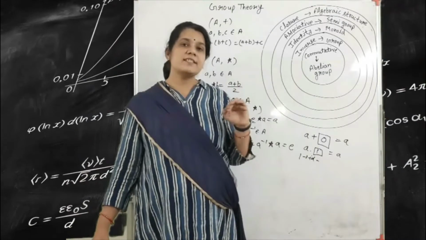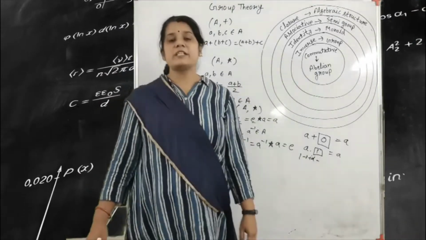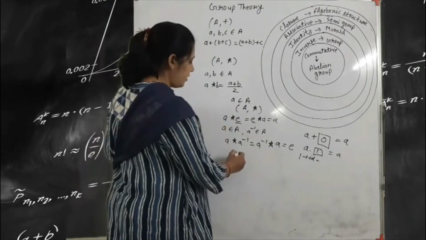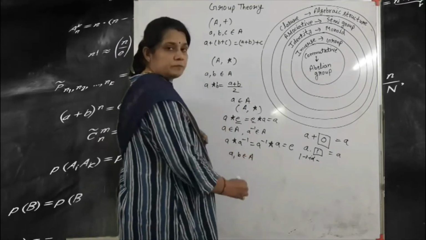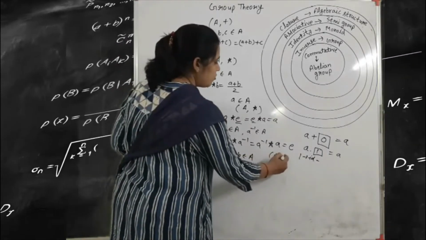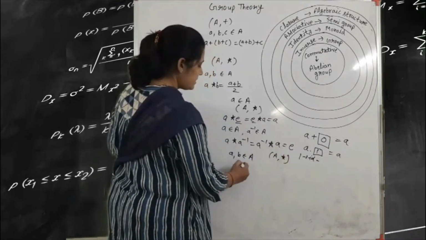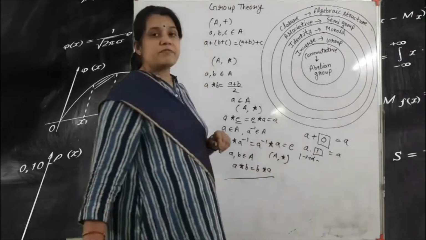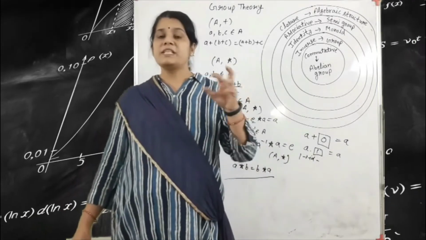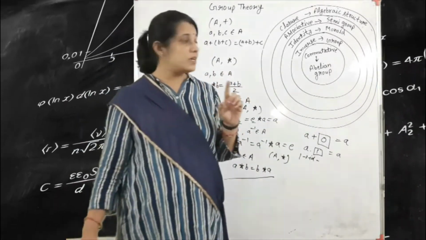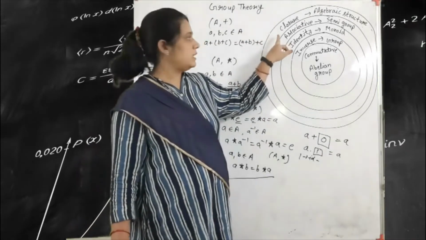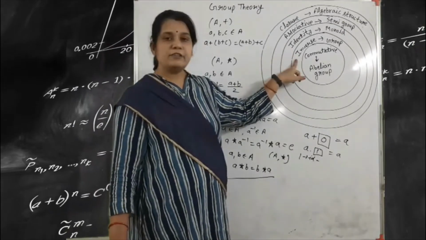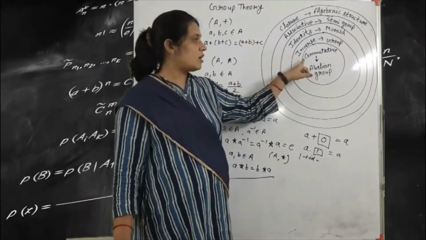Okay. And the fifth one is the commutative property. So what do we mean by commutative? Commutative property means if we have A comma B belongs to A, and the operation is star, then A star B is equal to B star A. That means if we want to find out whether the given group is an abelian group or not, first you find out the closure property, after that associativity, then identity property, then inverse property, and fifth one is the commutative property.